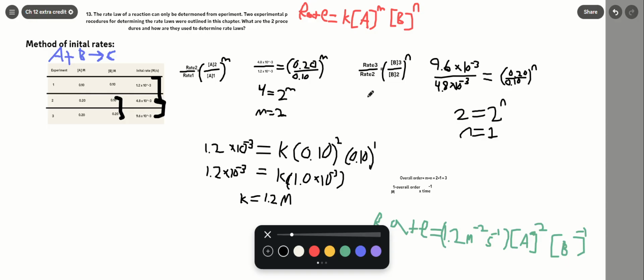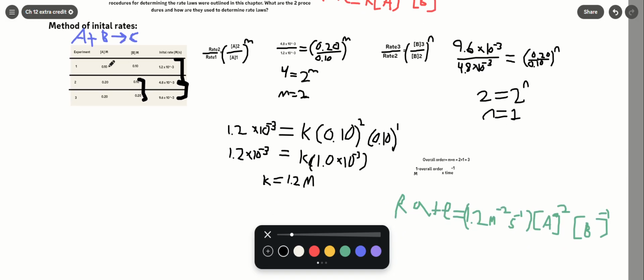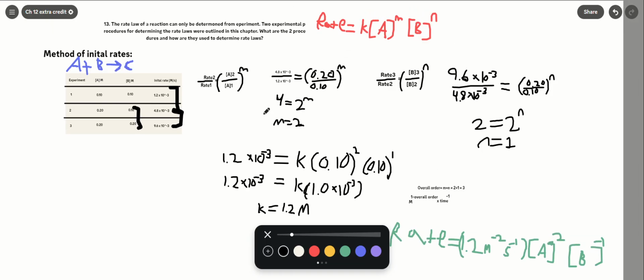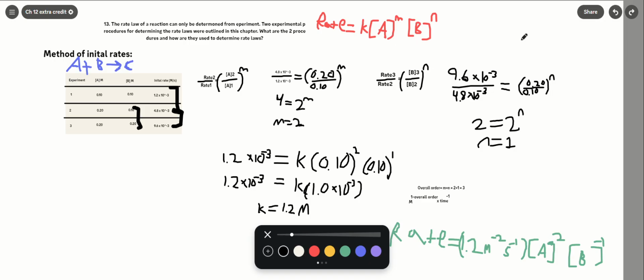Then you plug those numbers into the formula. For example, you get 0.1 from the concentration of A, and then you would also have to do the same to B, because these correspond, and the M and the N are the exponents.